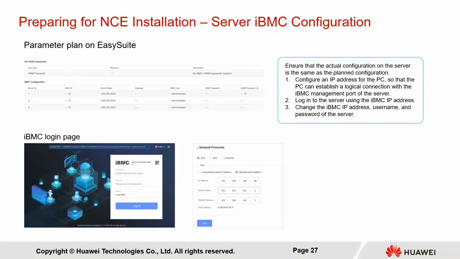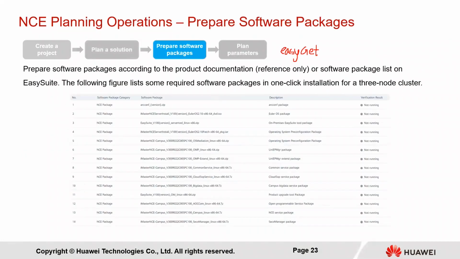As we have mentioned before, we need to set the same values on the IBMC page: the IBMC login page, the network protocols, IP address, subnet mask, and default gateway. We need to set the same values on the IBMC page as those planned in the Easy Switch.